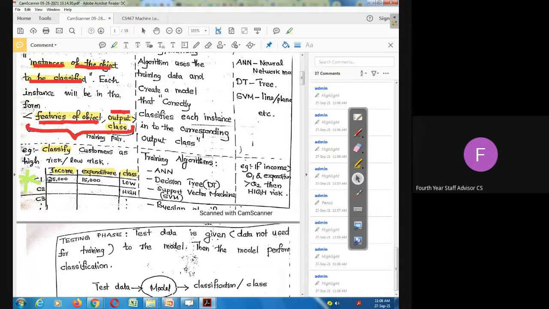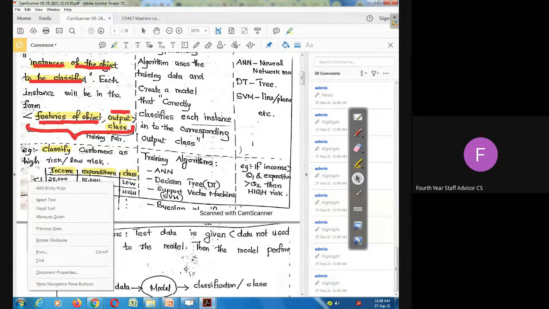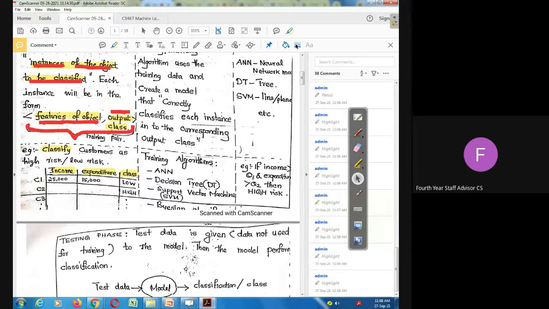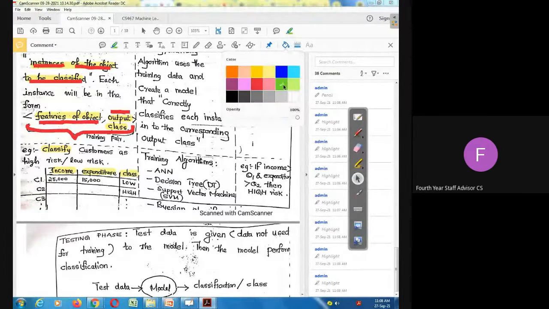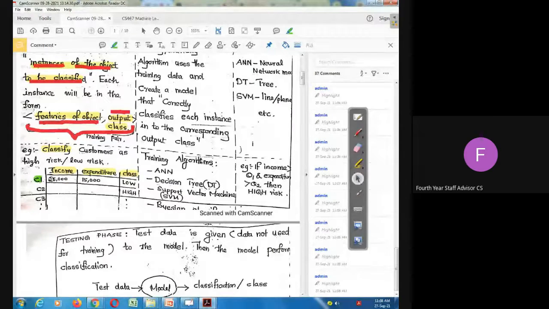Okay, for example, you can note here, this is C1, customer. So the training data consists of a customer name, for example, Agilsi Paul, and his income is 25,000, expenditure is 15,000.